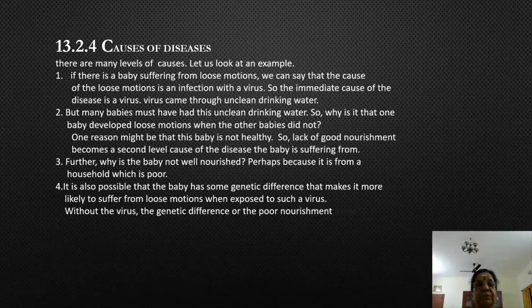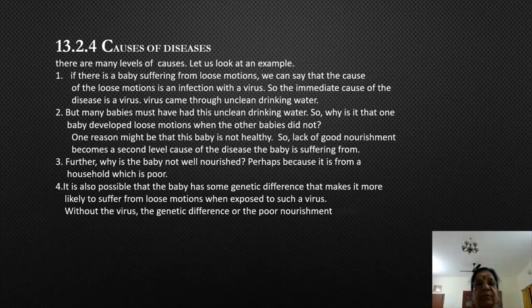For example, if there is a baby suffering from loose motion, we can say that the cause of loose motion is an infection with the virus. So the immediate cause of the disease is the virus. How did the virus come? Through drinking unclean water. This is one of the causes. Second, the baby must have had unclean drinking water.